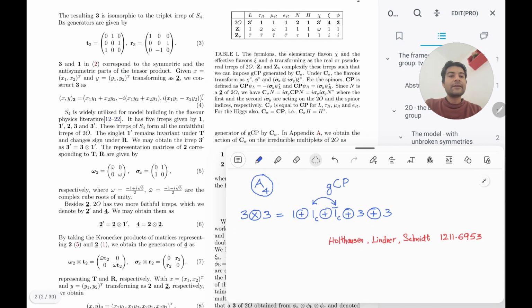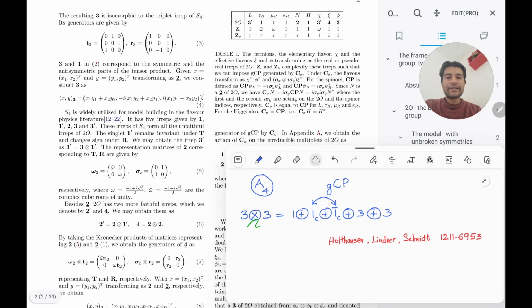Another interesting example is the group A4. This group is not used in my paper, so I will not go into the details. But if you look at the reference, you can see how generalized CP can be consistently defined for A4.